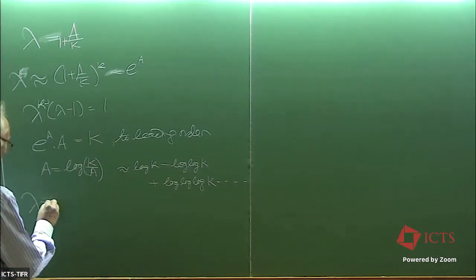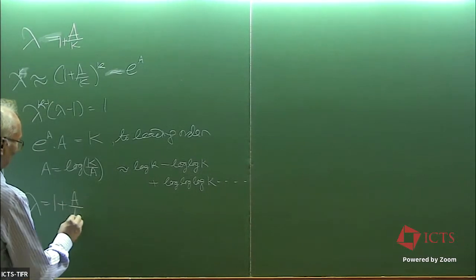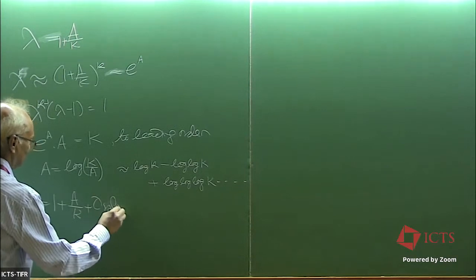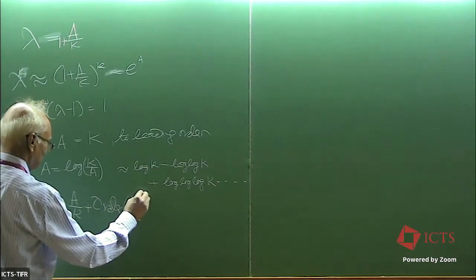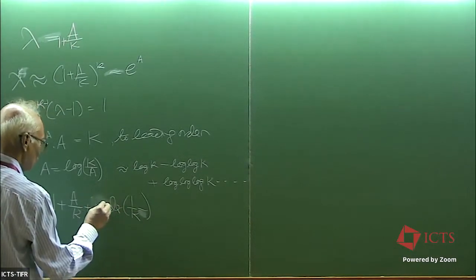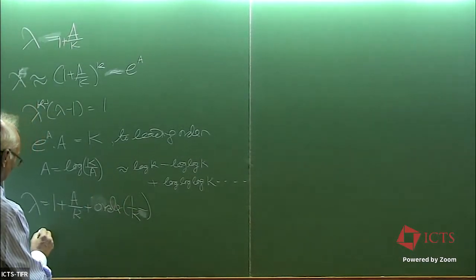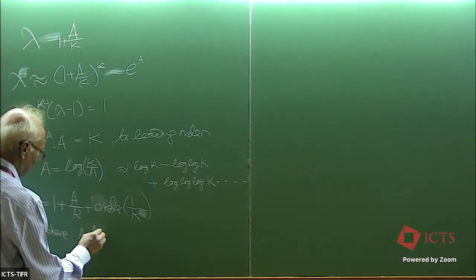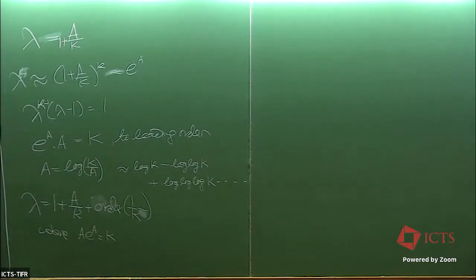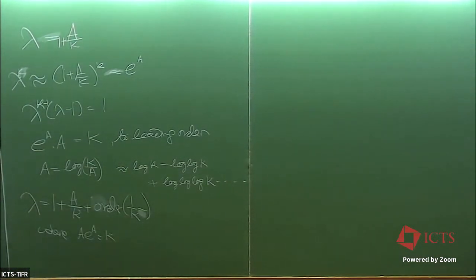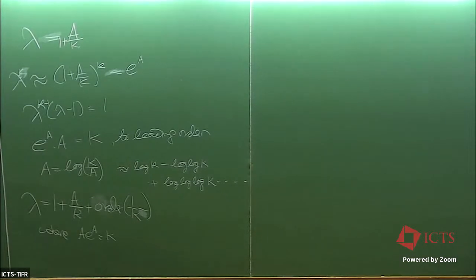I will say lambda is equal to 1 plus a by k plus small o of 1 by k squared, where e to the power a is equal to k. So a is the solution of this Lambert equation. All the logs are buried in a, and whatever is the correction after that is lower order in powers of 1 by k.